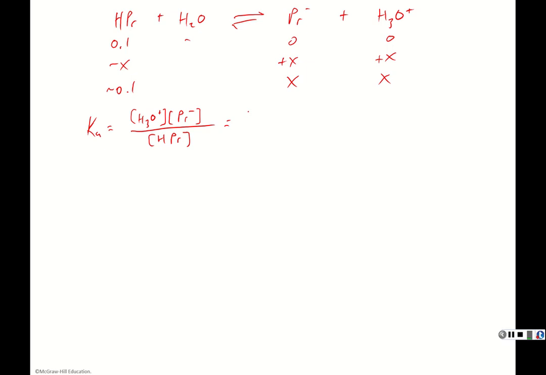X times X divided by your concentration, so it's just X squared divided by 0.1, and we know that equals 1.3 times 10 to the minus 5, because we're given that Ka value. All right, so we can solve for H3O plus.